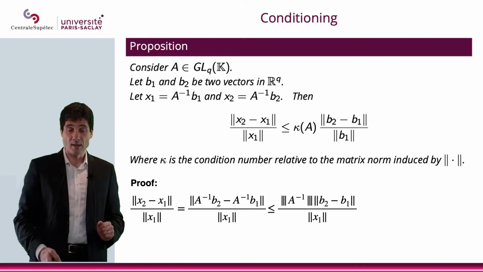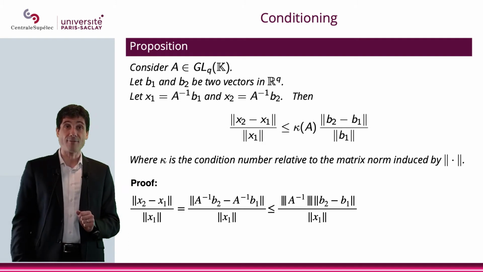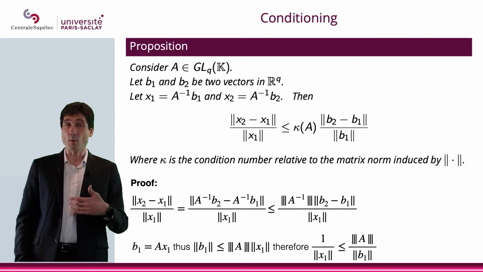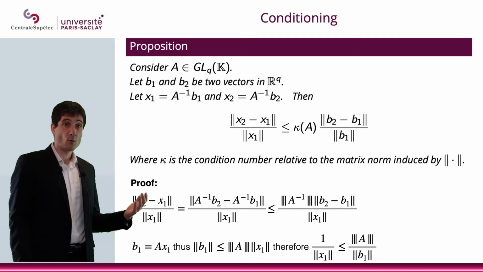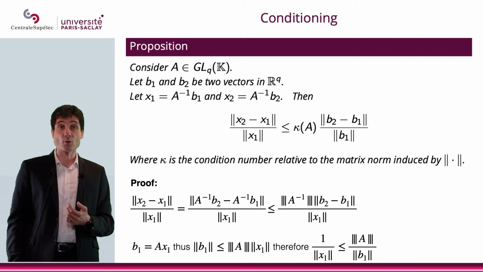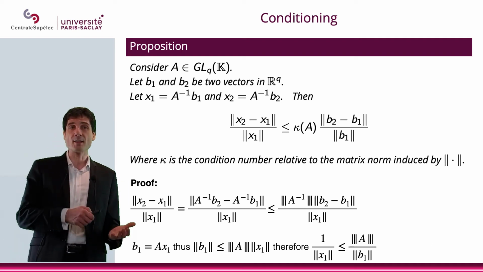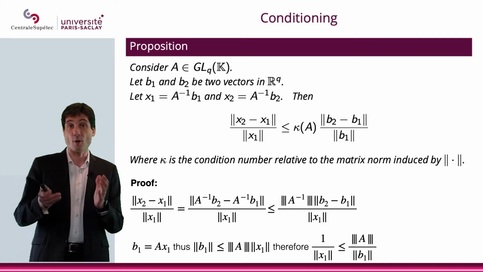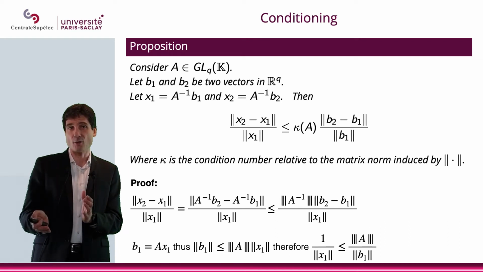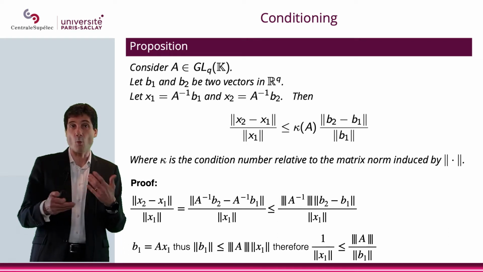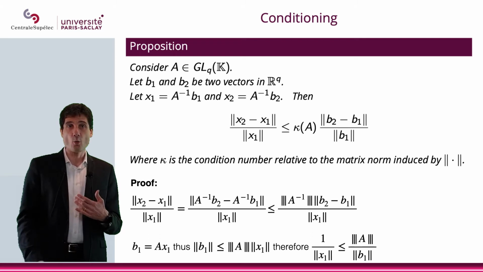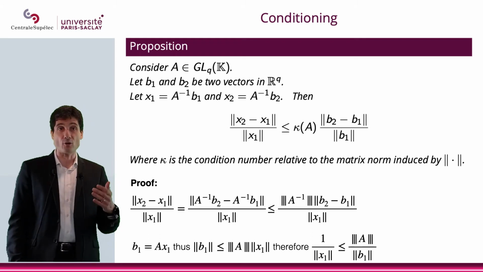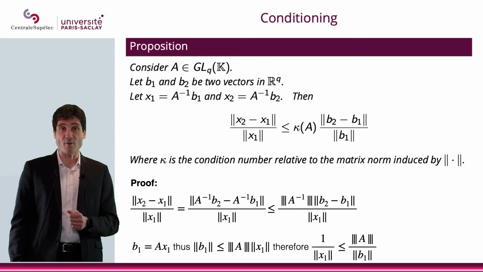Now, if you look at what you have for 1 over the norm of x1, well, since b1 is A x1, then the norm of b1 will be smaller than the norm of A multiplied by the norm of x1, which means that 1 over the norm of x1 will be bounded above by the norm of A divided by the norm of b1.